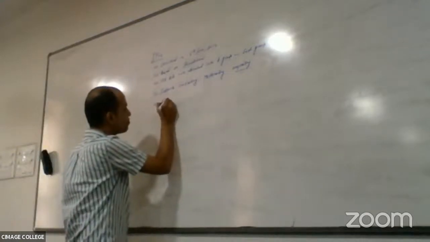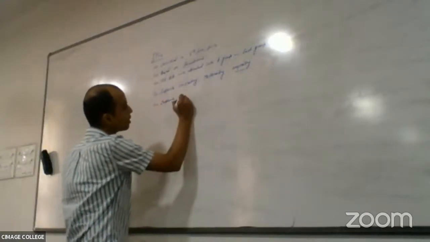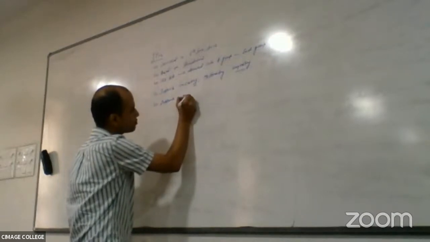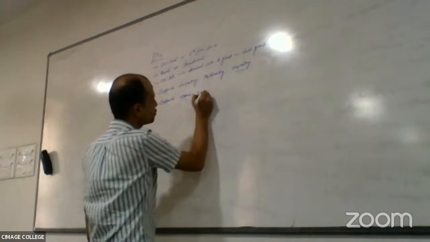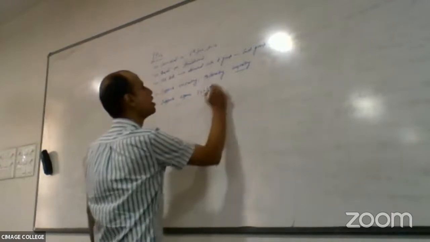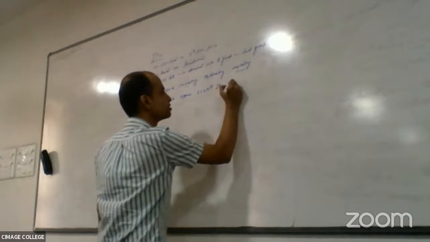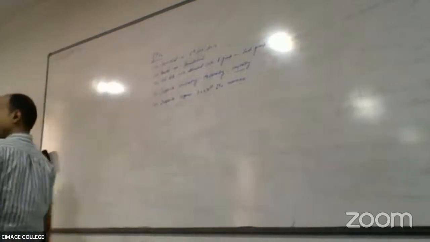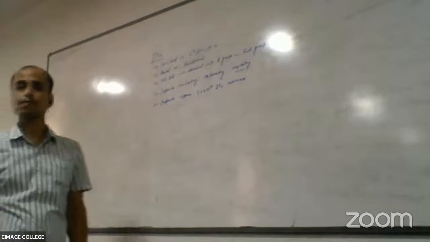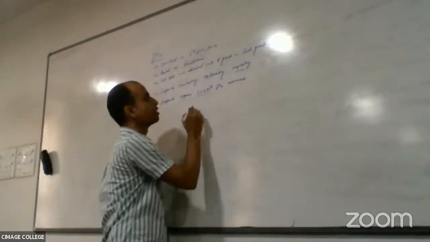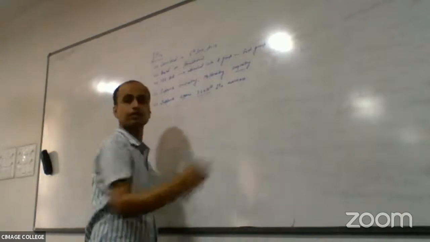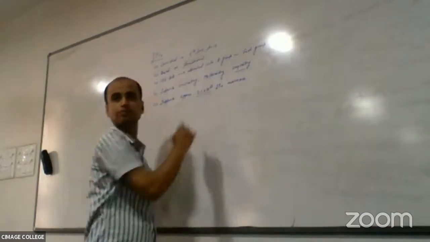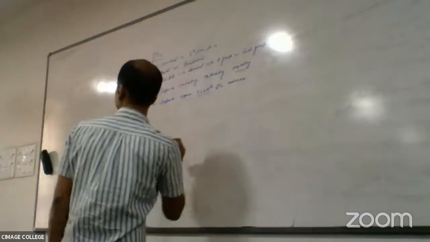Next point. It supports approximately 3.4 times 10 to the power 38 IPv6 addresses. Yes, more than a trillion. You can say 3, 4, and 37 zeros, because this is scientific notation.